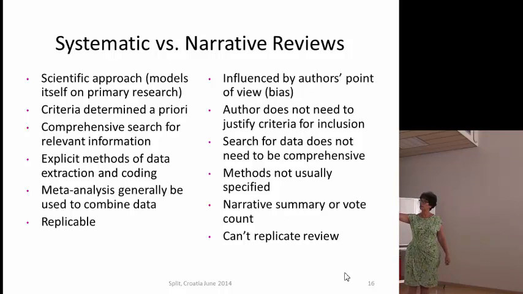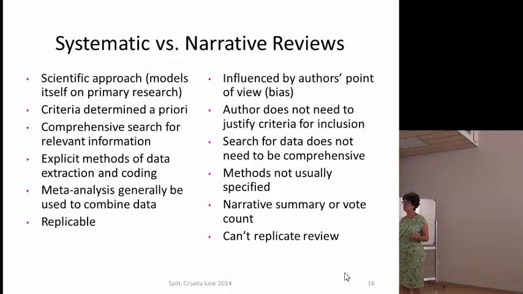You're going to have to describe to somebody else how you're going about pulling the relevant data out of the studies that you include, how you're going to code different features of the studies and what features you're going to code. So you have to put your money down on the table before you spin the wheel. Okay?